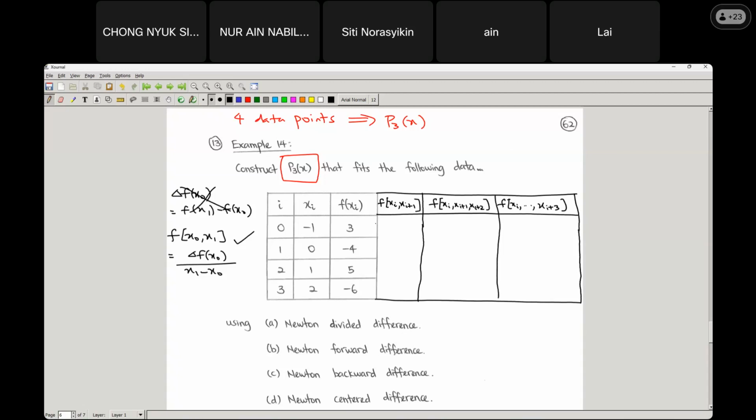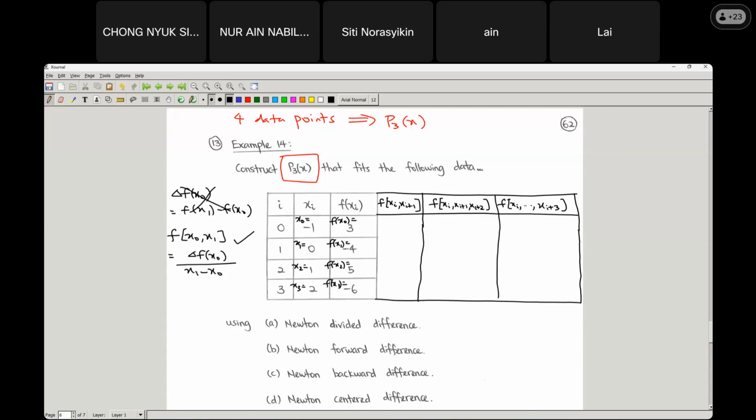All right. So how to find the first divided difference? So we know that this is our x0, this is our x1, this is our x2, this is our x3. We know that this is our f(x0), this is our f(x1), this is our f(x2), and this is our f(x3). Okay?